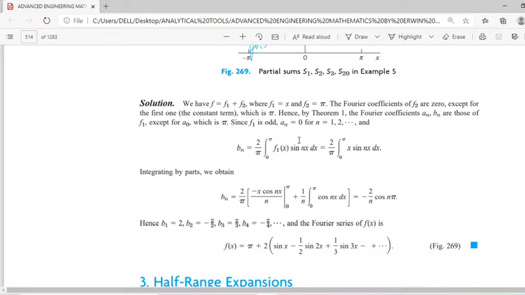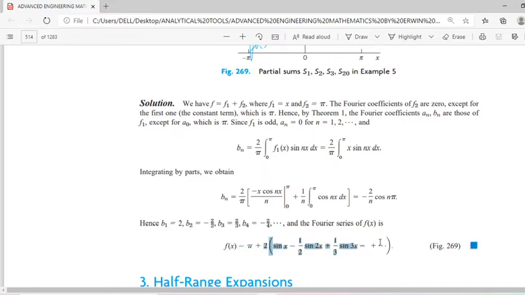And we have f2 equal to pi, so we need not integrate and find all the coefficients for this constant function. We need to just add that pi here. So f of x will be f1 of x plus f2 of x. f2 of x is already pi, so we can substitute here.